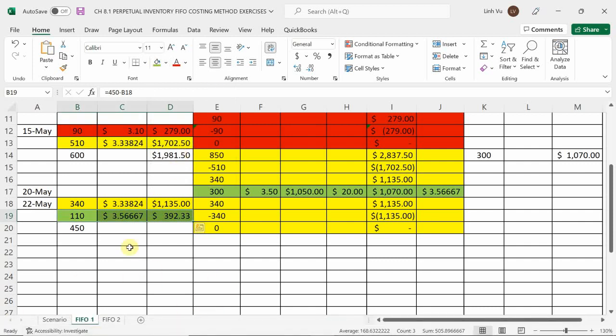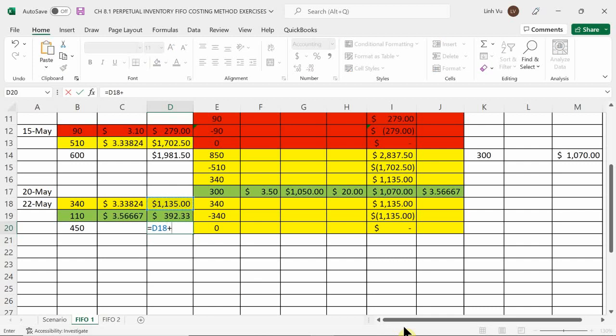Okay. So therefore, for selling all 450 units, I have a grand total of $1,527.33. So let's go ahead and update my green batch of inventory, okay?